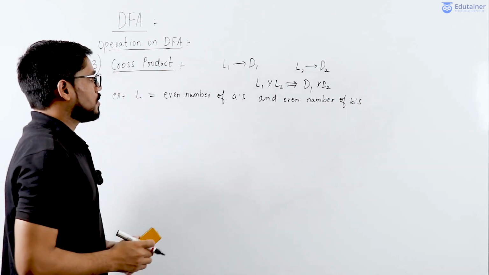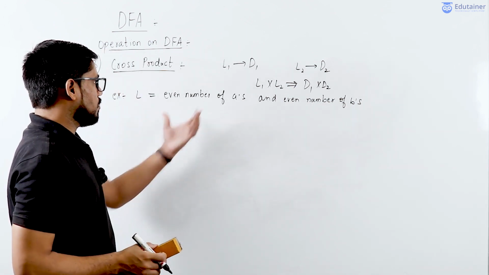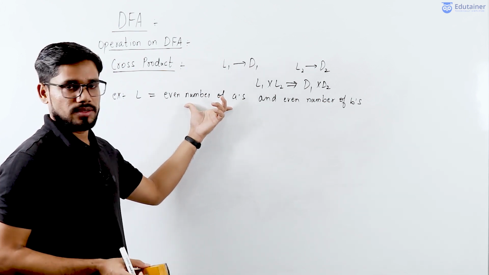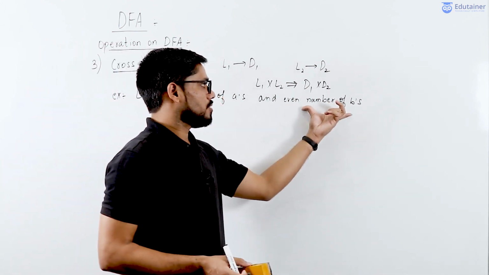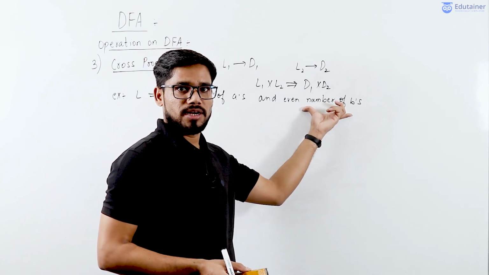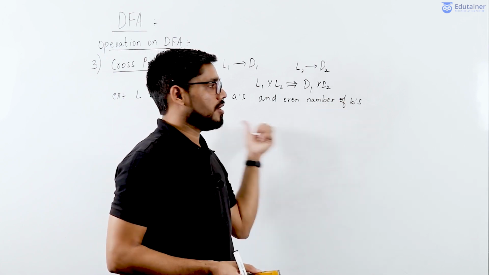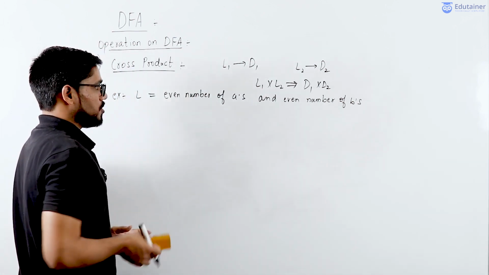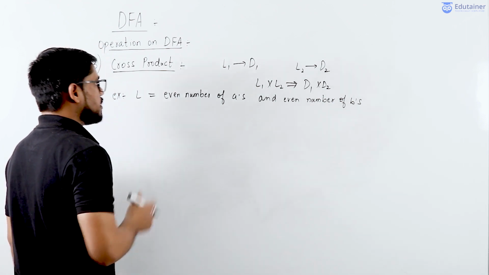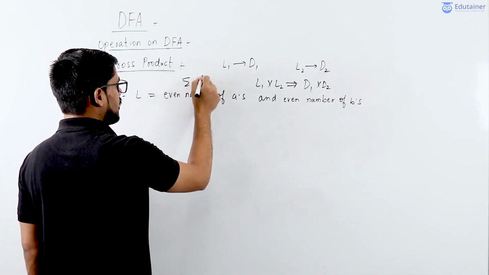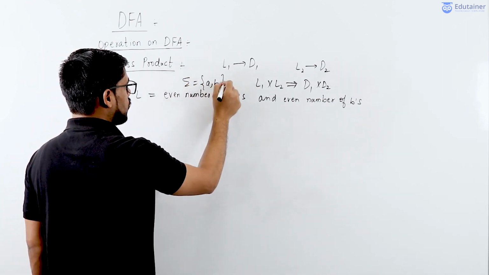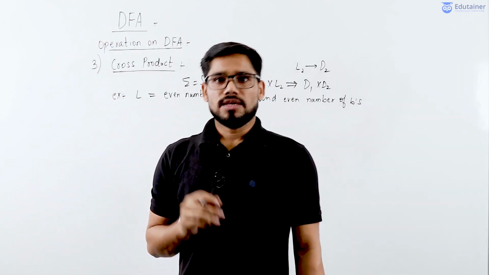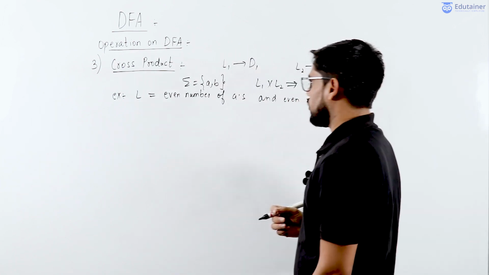As usual, first I will draw the transition diagram for even number of A's, then I will draw the transition diagram of even number of B's, and finally I will merge these two transition diagrams and make the whole picture. Assume that sigma is {a, b}. So in all the examples we have discussed so far, the input alphabet is a and b.